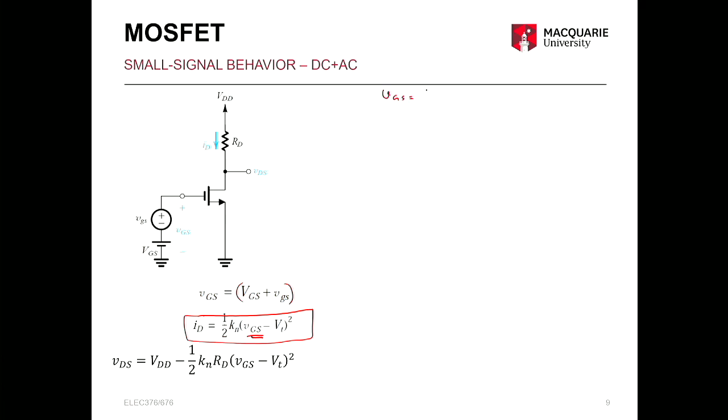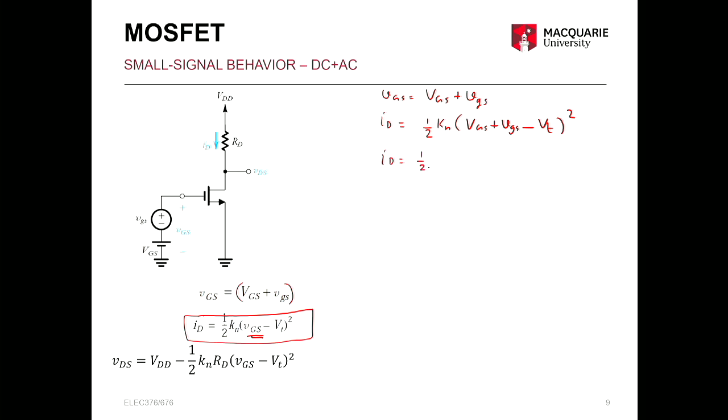So VGS is equal to the DC plus AC. Then ID is equal to half Kn (VGS minus VT) the whole square, right? So that is (A plus B) the whole square. You apply that here.